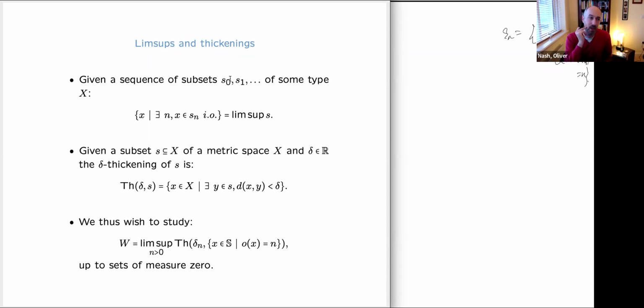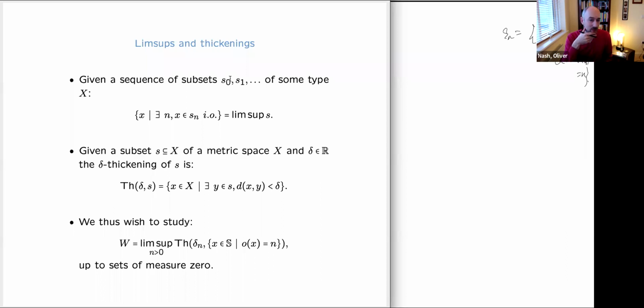And on the circle, it's actually a little simpler. It's just points within a given distance of a point of order n. So that's actually just the limsup, right, from say lattice theory. So it's just useful to be able to have a notation for that limsup.